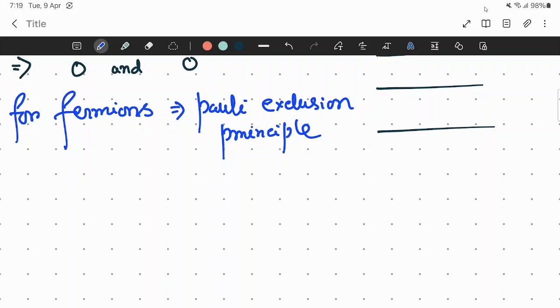It essentially means repulsion between two particles. In the case of bosons, there is no restriction; in a single energy level, all bosonic particles can accumulate. But for fermions, the Pauli exclusion principle does not allow two particles in the same energy state. So the probability will be zero.